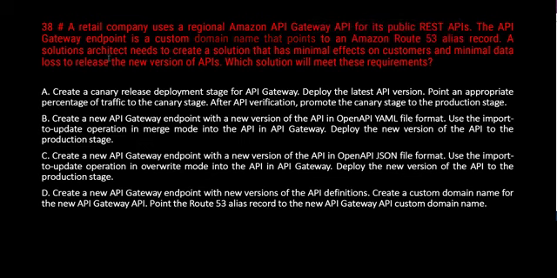A solutions architect needs to create a solution that has minimal effects on customers and minimal data loss to release the new version of the APIs. Okay, so you need to remember this whenever they are asking this.